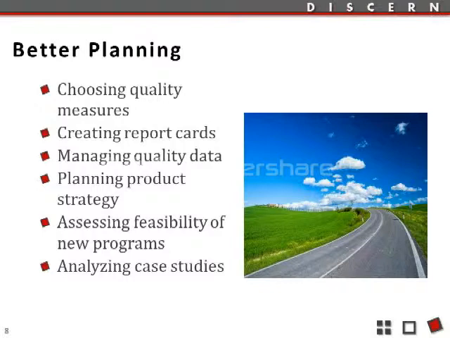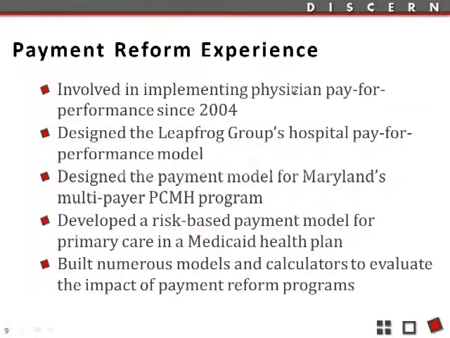Specifically for producers, we look at planning product strategy in this new world of the patient-centered medical home and new payment models. We do a variety of feasibility studies and case studies. So those are our major categories of work.